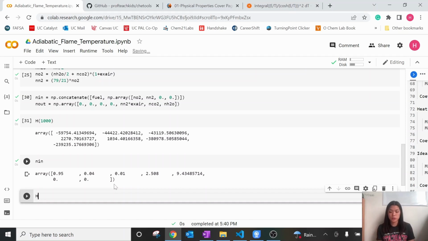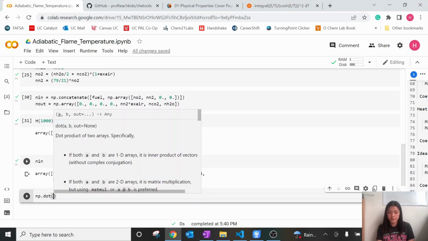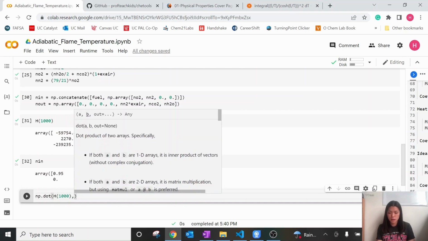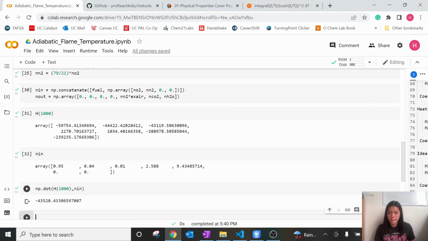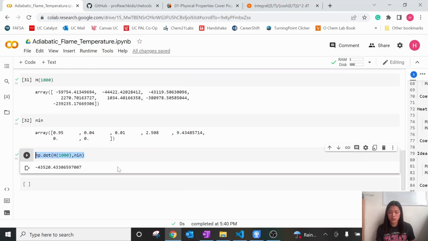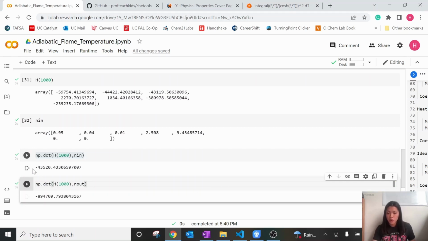So if we were to do the dot product, which is multiplying these two together, that gives us the enthalpy. And if we were to do that for the moles going in and moles going out, we can see that we get two enthalpies here.